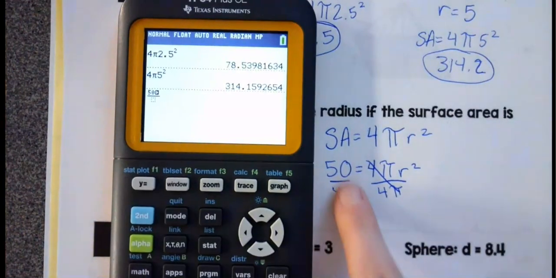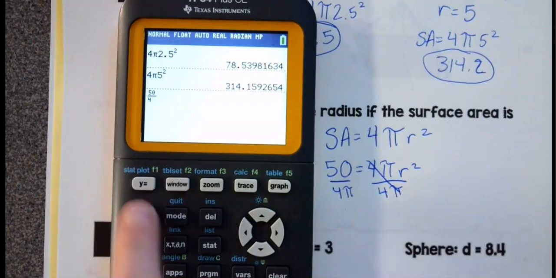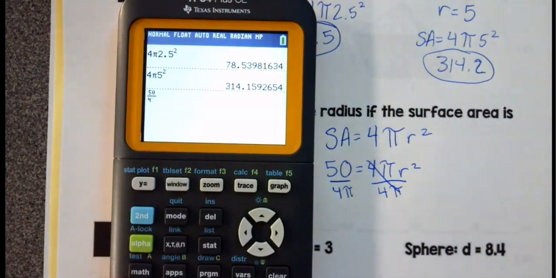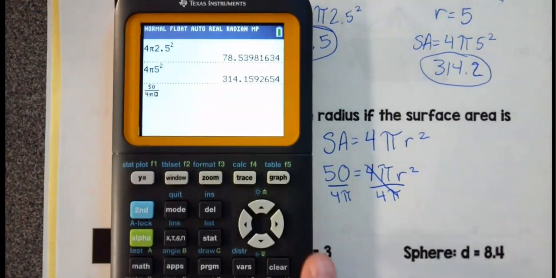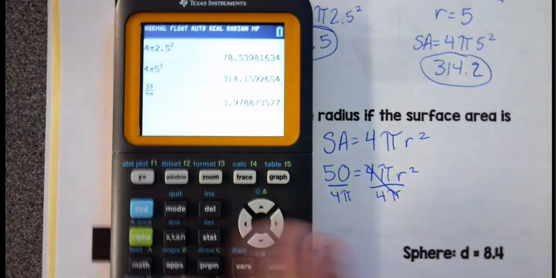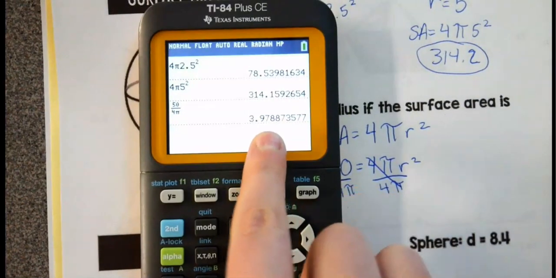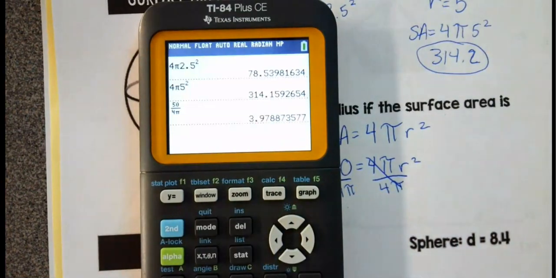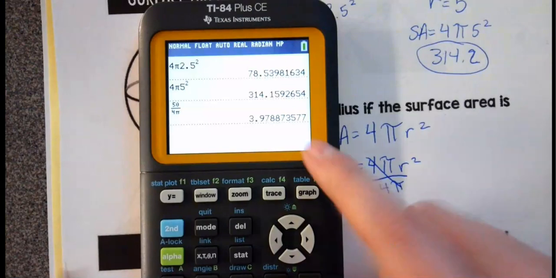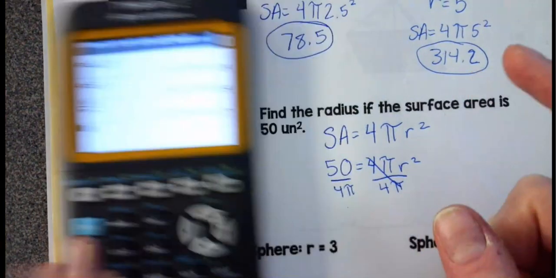So you're just typing this whole thing. 50 divided by 4 times pi. Okay, and that gives you this number. So 50 divided by 4 pi gives you this number right here, which you're going to round to the nearest tenth, so ultimately it's going to round to 4.